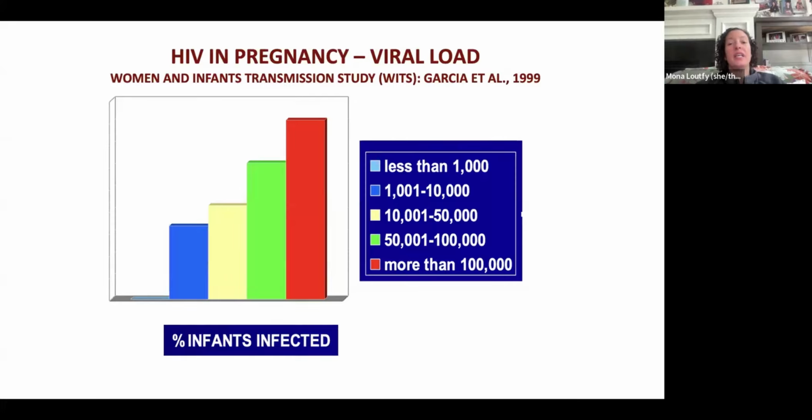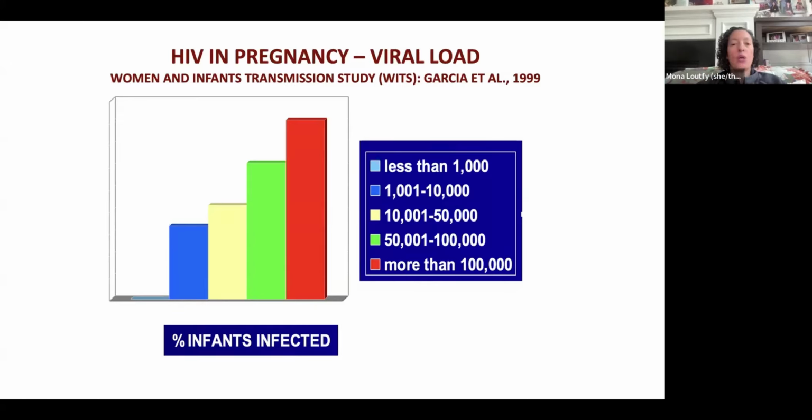And that study came out in 1994. So it came out before the highly active antiretroviral drug clinical trials that I talked to you about with protease inhibitors in 1996. So the first big breakthrough in HIV treatment was in pregnancy, where we knew that giving even just one drug, even zidovudine, reduced transmission by 80%.